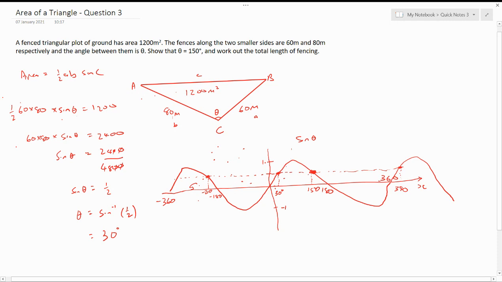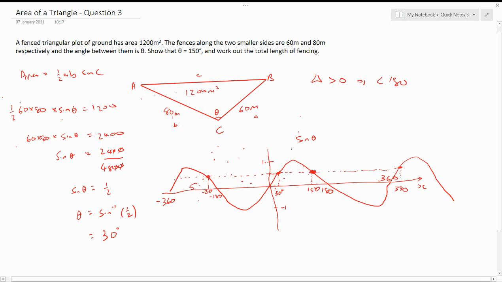Now, sensibly, for a triangle, the angles are going to be clearly greater than 0 and less than 180 degrees. So that means the only two solutions we could have are 30 and 150.